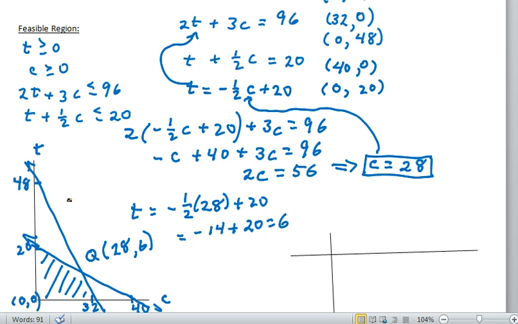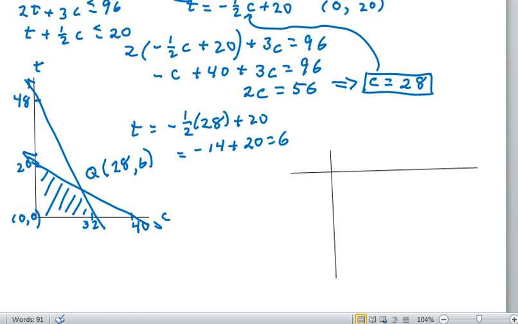So now we can move to the chart on the bottom right-hand corner here, and I'm going to be evaluating P at 0, 0, at 0, 20, at 28, 6, these are the vertices of the region, and at 32, 0.